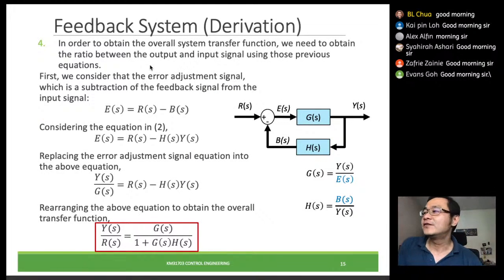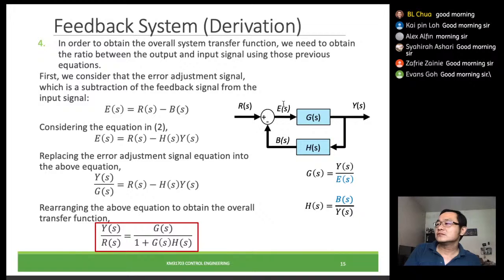Now going further, we can derive the error signal going through this summing point. Remember, at the summing point, the error signal is the input minus the feedback signal.